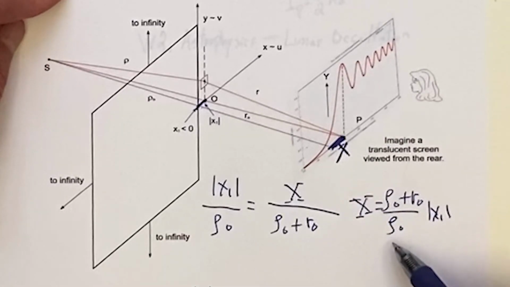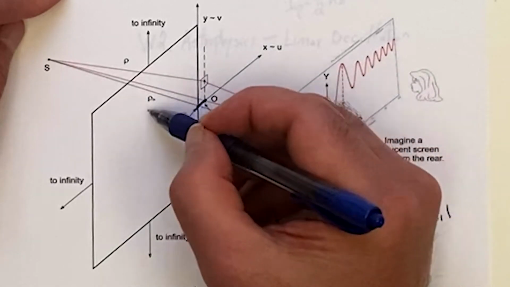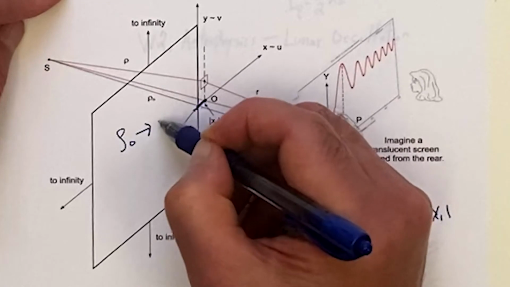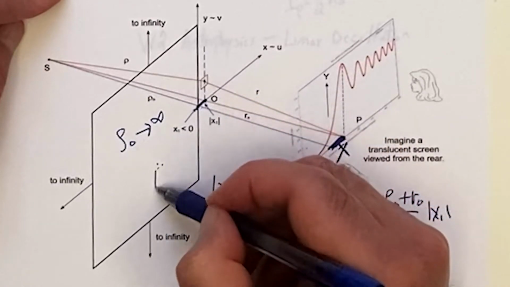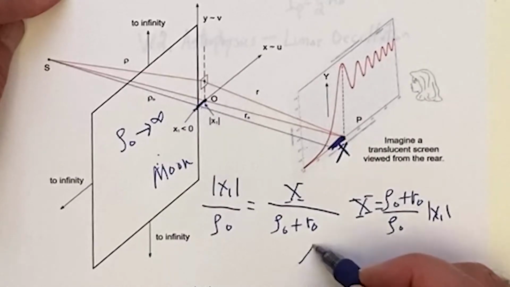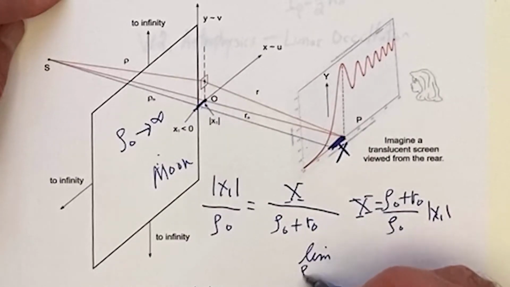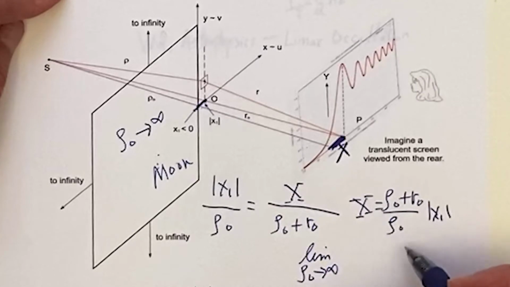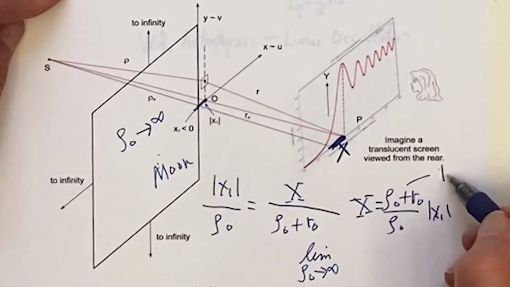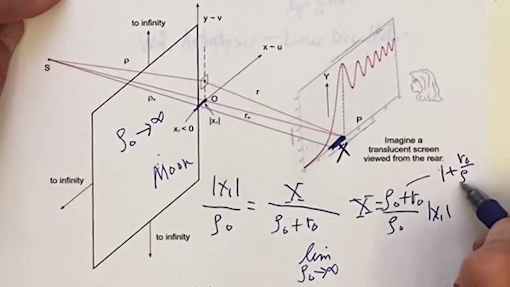And then here, in the limit, since the star is going to be very far away, we're going to take this to be infinity, and this is going to become the moon in a second. So if we do that limit, as rho naught goes off to infinity, then here, well, you can see this is going to be 1 plus r naught over rho naught.